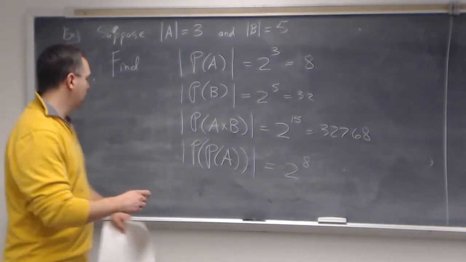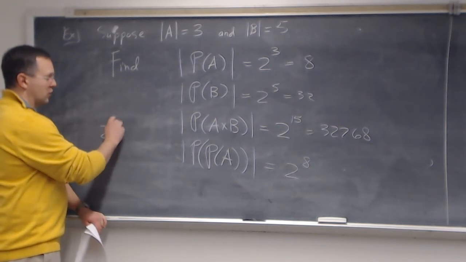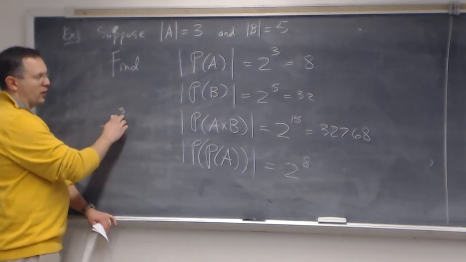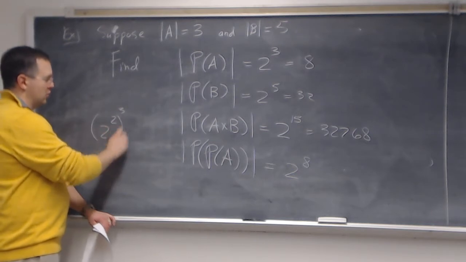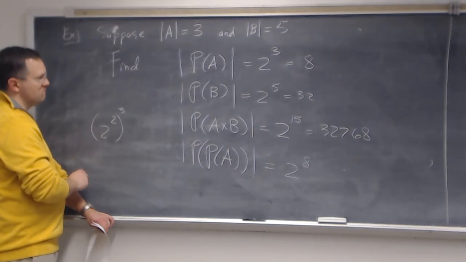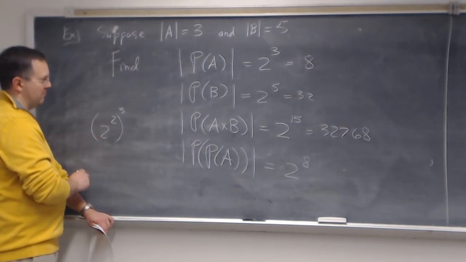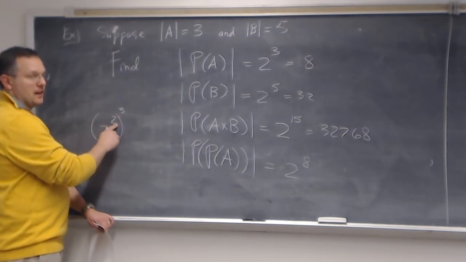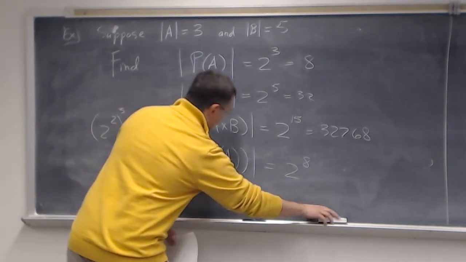So you see what he was saying, 2 to the 2 to the third. Is that the same as 2 squared to the third? That would be 2 to the 6th, because if you multiply these exponents you get 2 to the 6th, so it's not the same. That's 2 to the 8th.